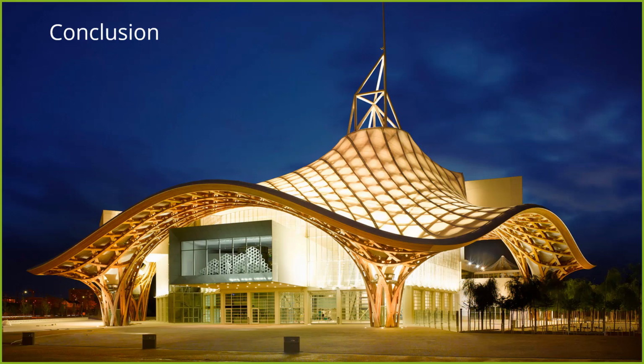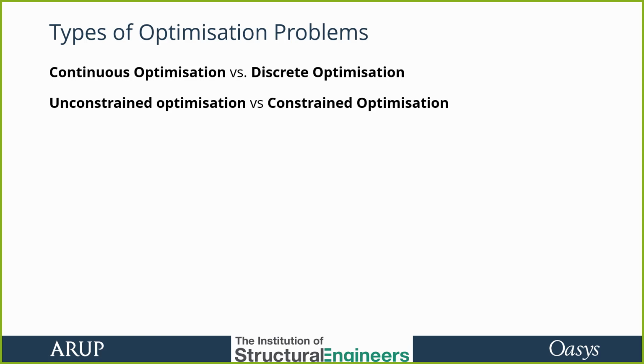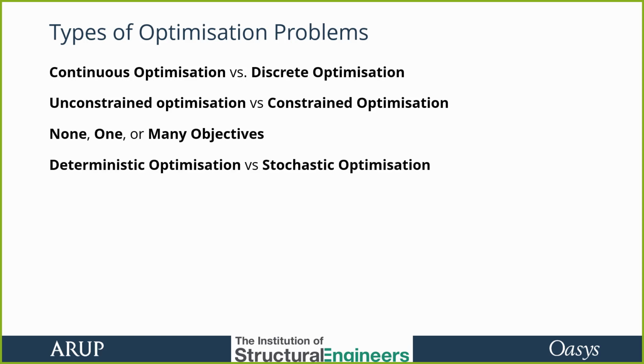So, conclusion. Look at the time. Remember, types of optimization problems: continuous versus discrete, unconstrained versus constrained, none, one, or many objectives. Yes, you can have optimization with no objectives, probably not for us. Deterministic versus stochastic: I would always start with deterministic, but you might need to use stochastic.